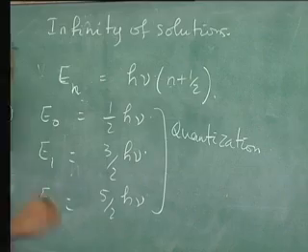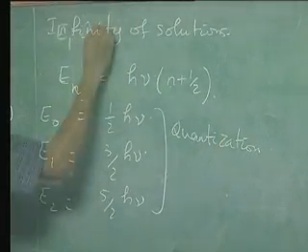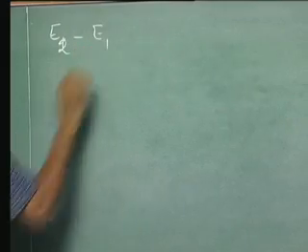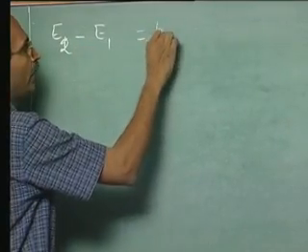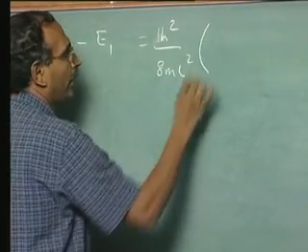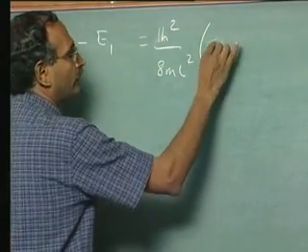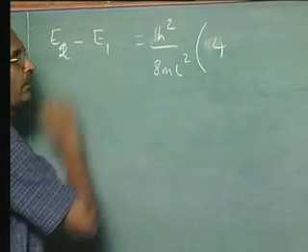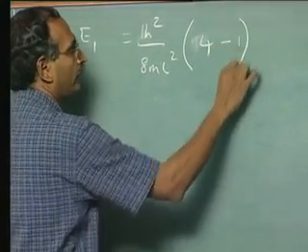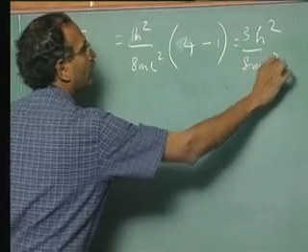It also means another thing. If you recall, for the particle in a box, E2 minus E1 was h square by 8 m l square times the difference of n square: n corresponding to 2 gives 4 and n corresponding to 1 gives 1, so it is 3 h square by 8 m l square.